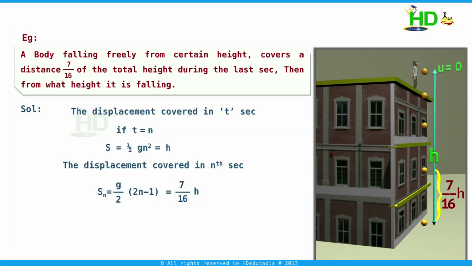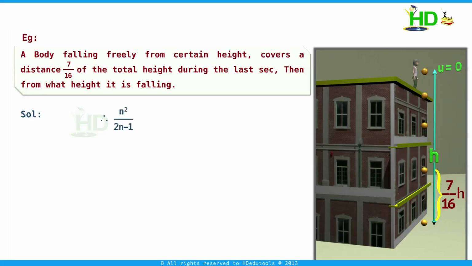Now if I take the ratio of these two quantities, we get g by 2 n square divided by g by 2 into 2n minus 1. This is equal to 16 by 7, or n square by 2n minus 1 is equal to 16 by 7. If you solve this equation, we get n equivalent to 4.